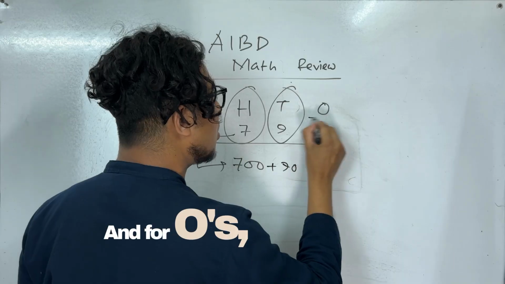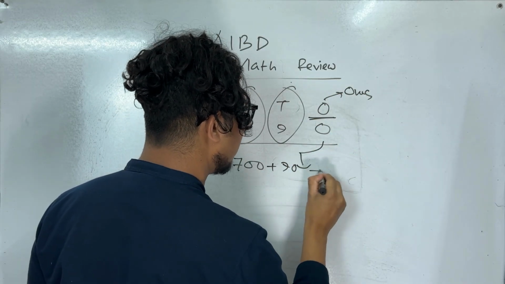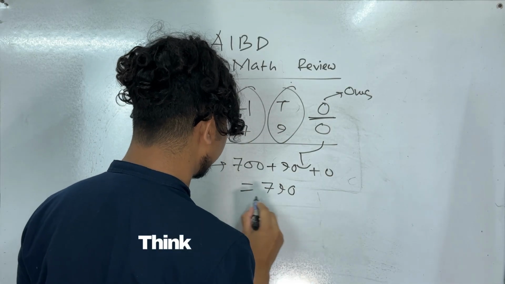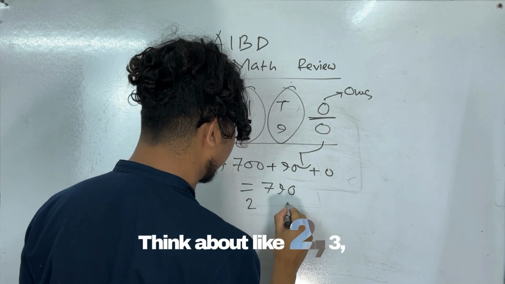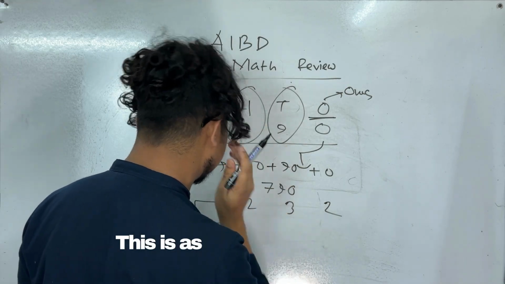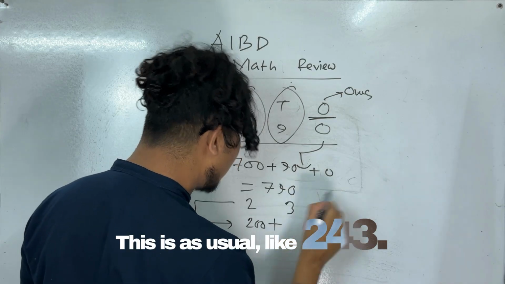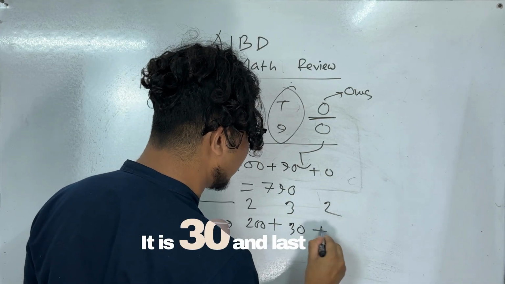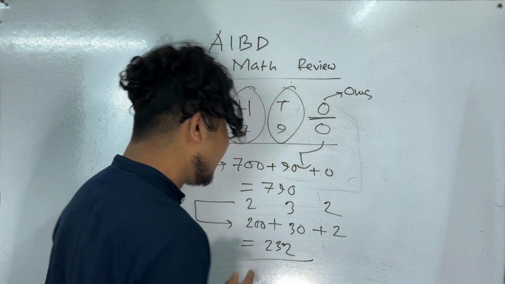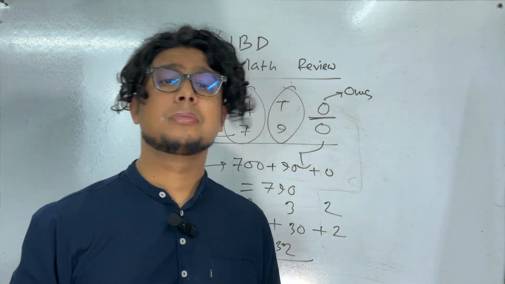And for ones, we can write plus 0. That means 790. What about another number? Think about 232. How can I write this? As usual, 200, for 3 it is 30, and the last one is 2. It's been 232. So we know the OTH formula right now.